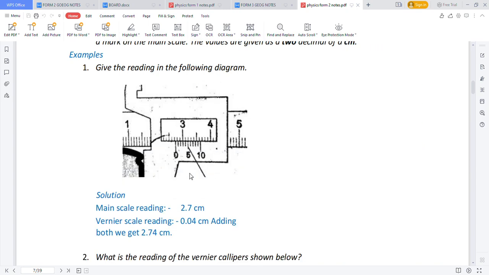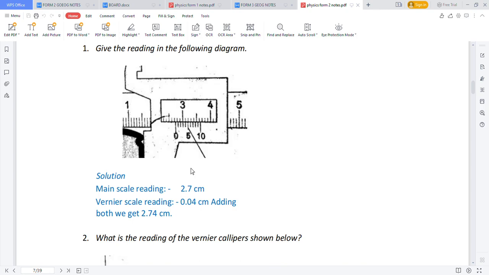For example, give the reading in the following diagram. As you can see, we are going to have a value before 0. The main scale value before 0: this is between 2 and 3, so here it is going to be 2.5, 2.6, 2.7.